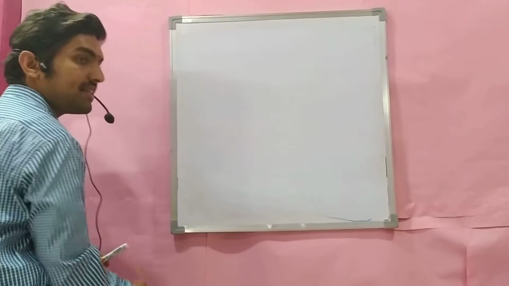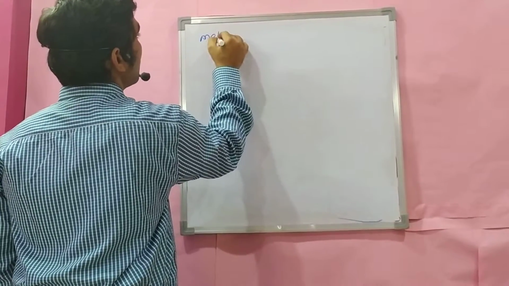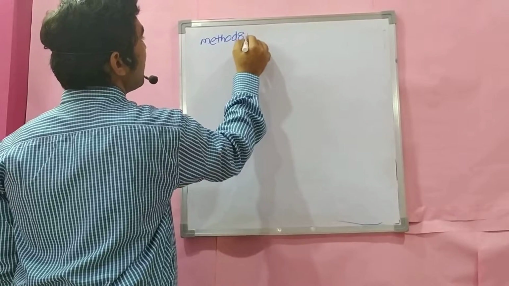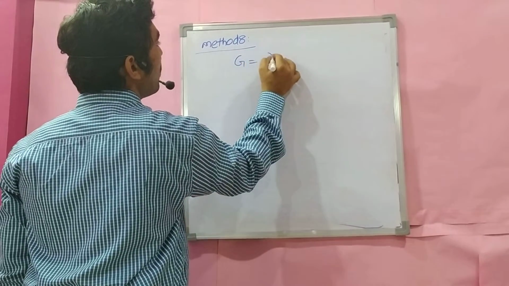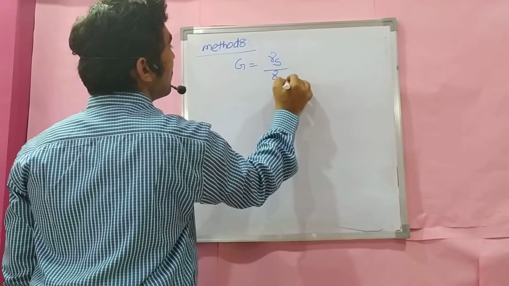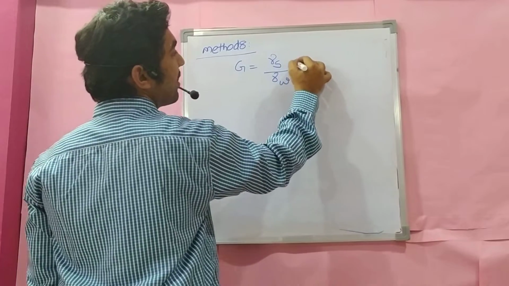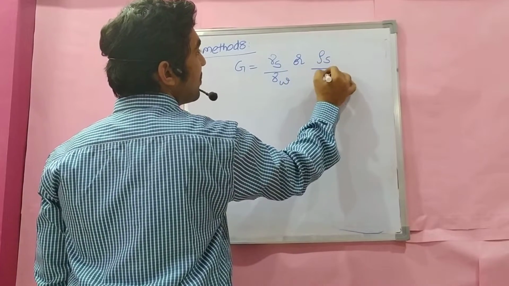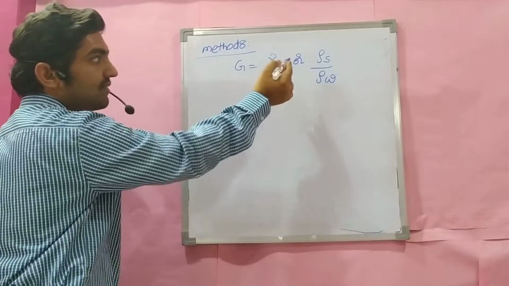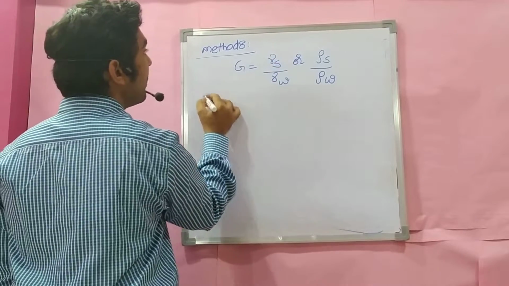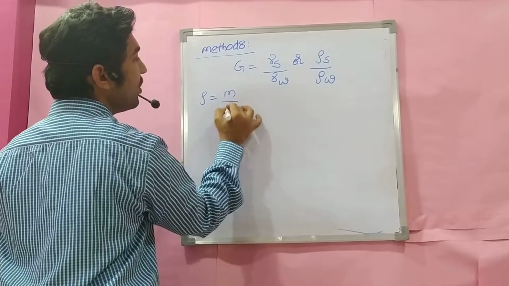Next, method number 8. Using specific gravity, we will derive this expression. G is equal to gamma s by gamma w, or rho s by rho w, the density of the substance to the density of water. Density is equal to mass by volume.